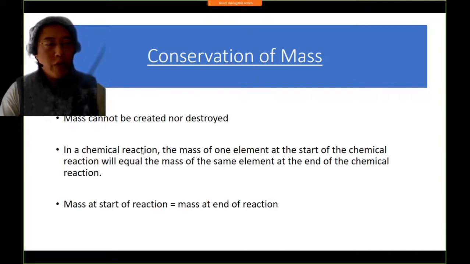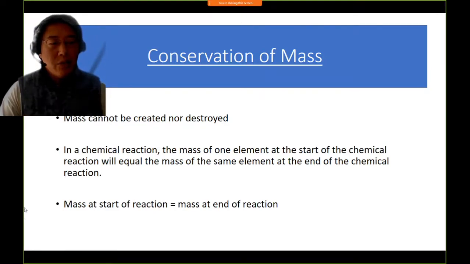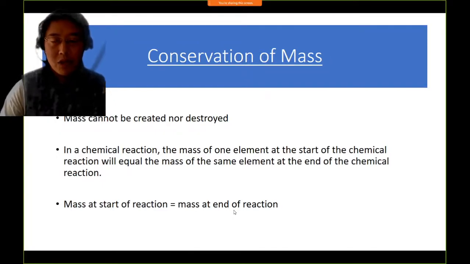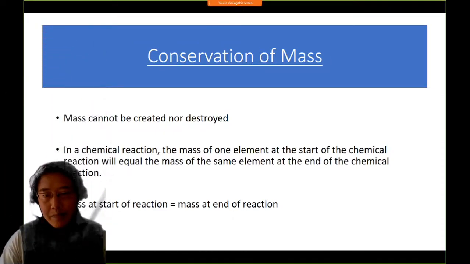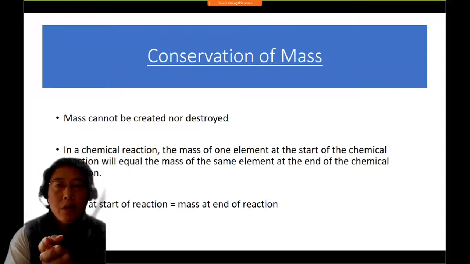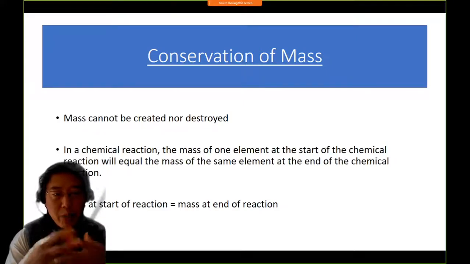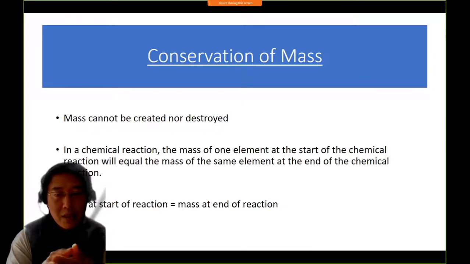So in a chemical reaction, the mass of one element at the start of the chemical reaction will equal the mass of the same element at the end of the chemical reaction. So to summarize, the mass at the start of the reaction is equal to the mass at the end of the reaction. An example of a reaction, and I know it's counterintuitive, but a common chemical reaction is combustion. So when you burn something, let's say you take a piece of paper and you burn it off, what you have left after is just carbon or burnt material.